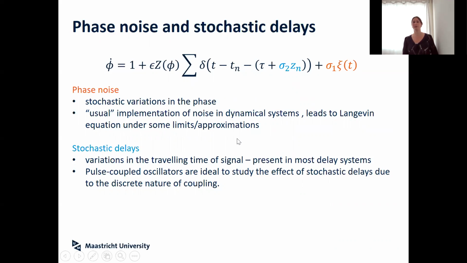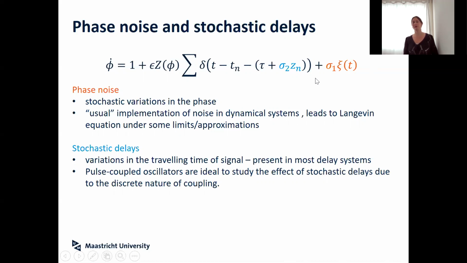Then we also implement here in blue stochastic delays that account for a variation in the traveling time of the pulse. And you can imagine that that is fairly common in real life systems, but it is not very often modeled in dynamical systems because it is very hard to implement in continuous coupled systems.